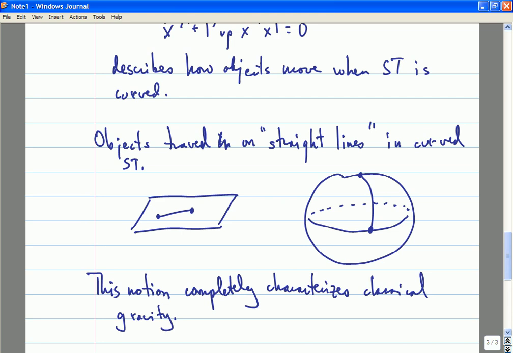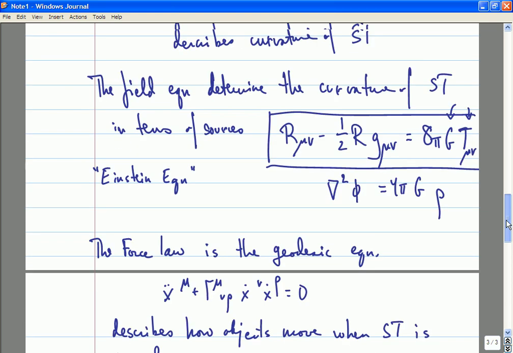So this then, I think, should give you at least a little bit of motivation and an idea of where we're going to be going for the next 3 or 4 weeks. For the next 3 weeks or so, our job is primarily to make sense of all of the symbols that have appeared in this equation.